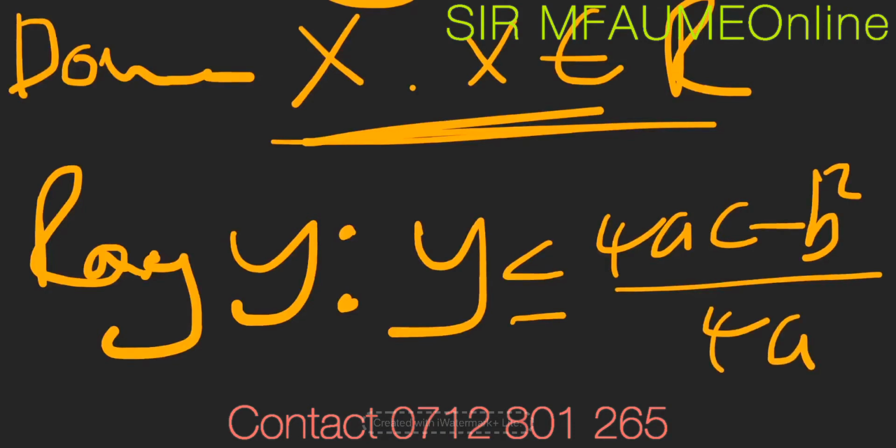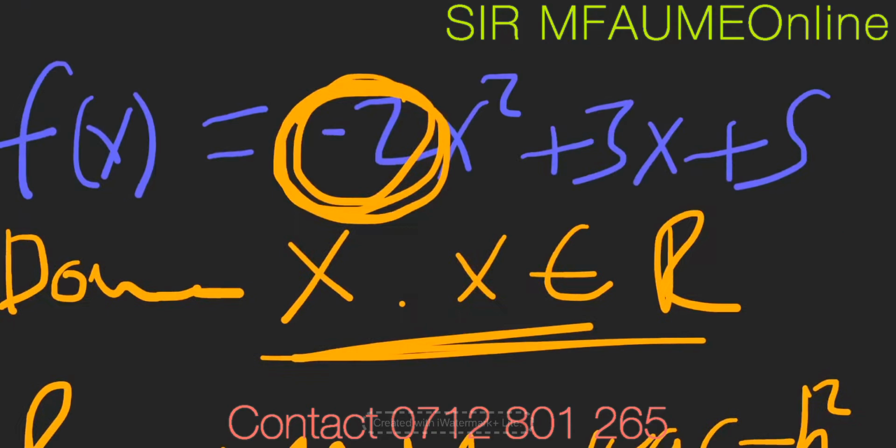Why? Because this is a maximum value. How do I know this is a maximum value? Because the coefficient of x squared, the value of a here, is negative. So to define if it is a maximum or minimum, you have to check the value of a.